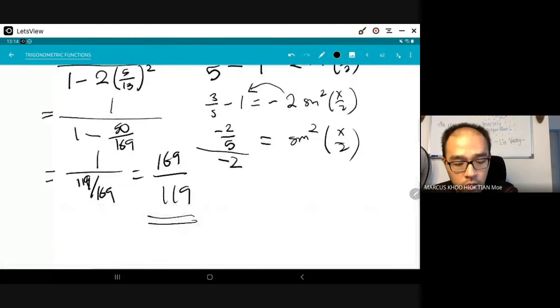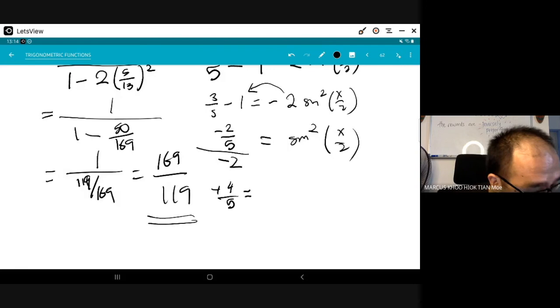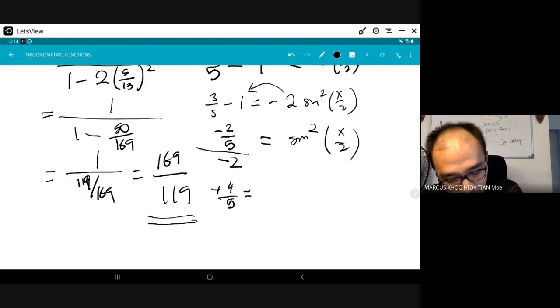So 2 over 5 divided by 2, sorry, 1 over 5 equals sine squared x over 2.